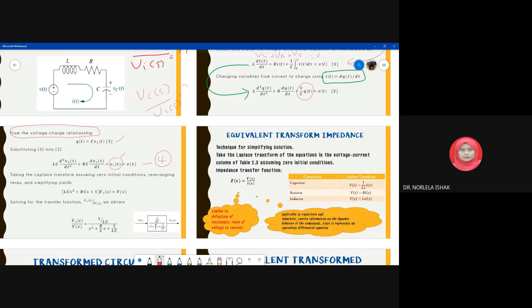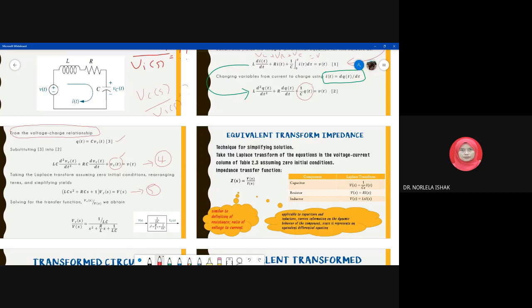After substituting 3 into 2, you can get equation number 4, and then from there we take the Laplace transform. And then we rearrange and simplify equation number 4, so we can get equation number 5. From equation number 5, you can solve the transfer function.